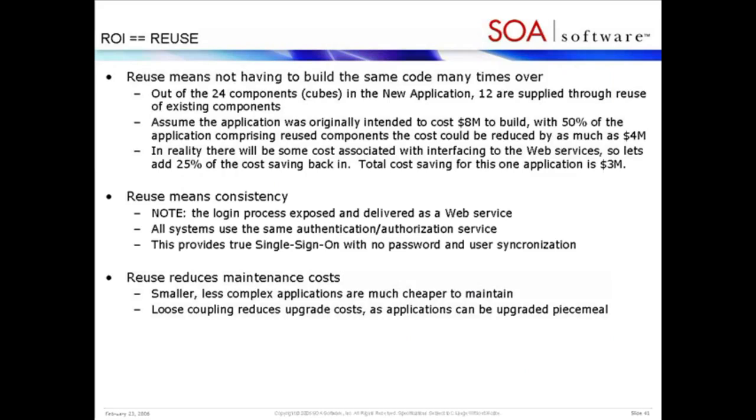I know that that's got to exist somewhere. So let me go look in my registry and try to find a service that I can consume. Finds it in the registry and then builds the interface into his application. So instead of having to build that whole customer database, he just interfaces to something that already exists. That is how you get reuse, and that's how you save money, basically.